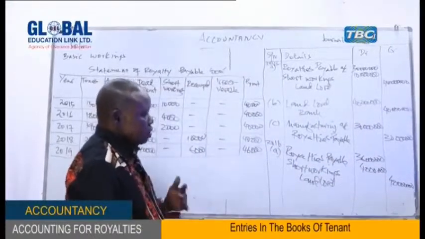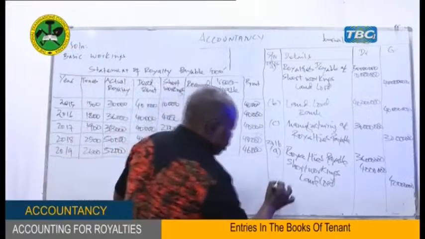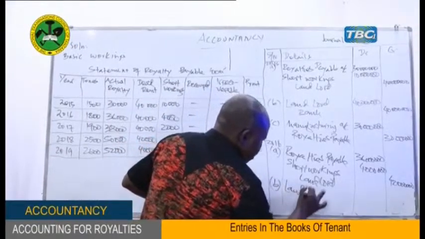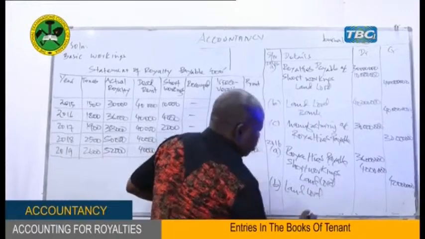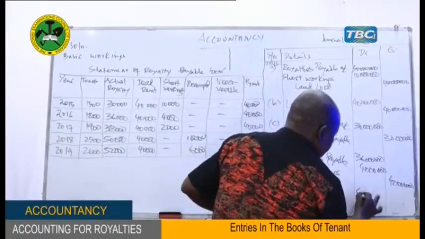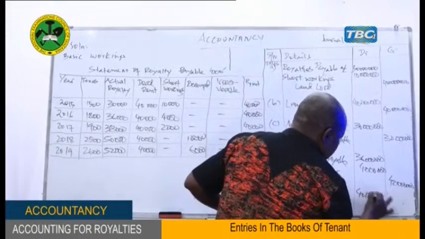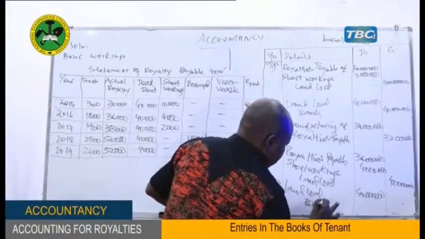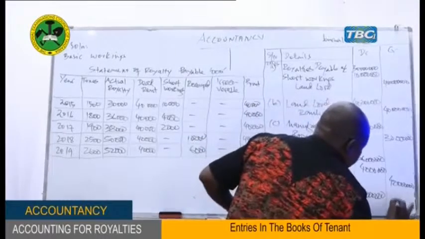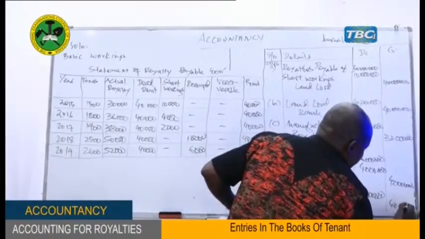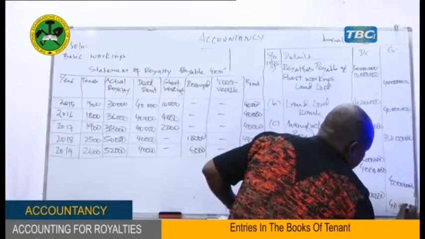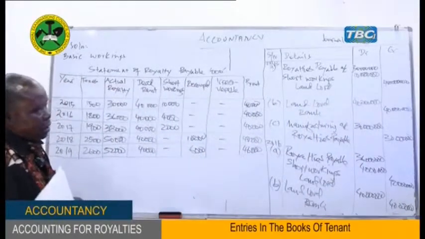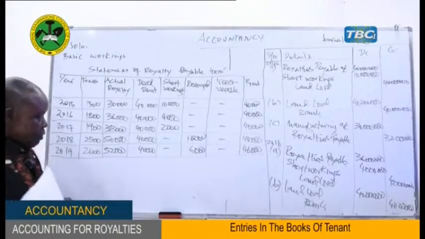Then 2, we are going to pay the landlord. So B, we debit landlord 40 million, and credit bank 40 million. And the last to transfer to the income statement.